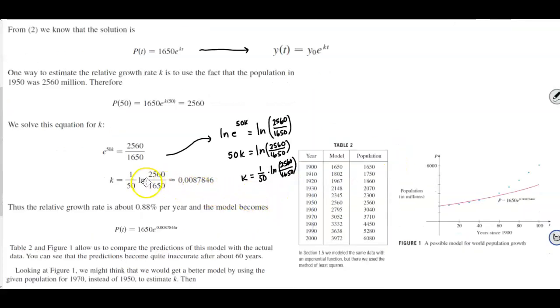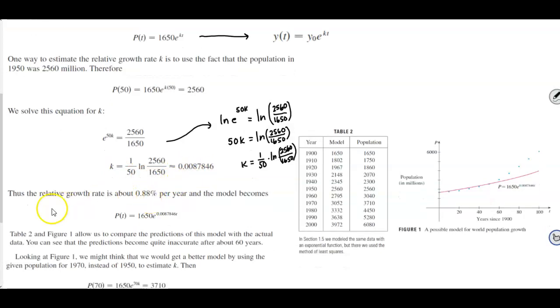That allows us to find the constant, so k is approximately 0.00878. If we change this to a percent by moving it over 2 decimals, the relative growth rate is about 0.88% per year.